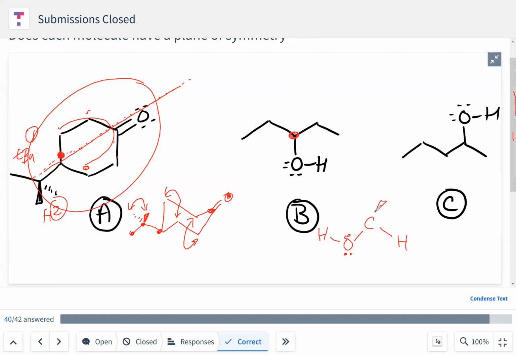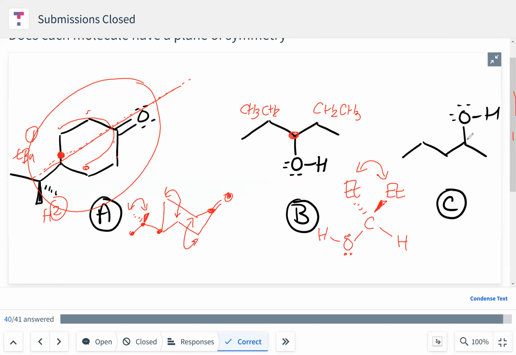So one is going to be pointing towards us, and this is a CH2CH3, which is an ethyl group. And on the other side, we've got a CH2CH3, which is also an ethyl group. And so the plane would bisect the hydrogen, the carbon, the oxygen, the hydrogen, and then these 2 groups, which are the same, reflect one another. So this B does have a plane.